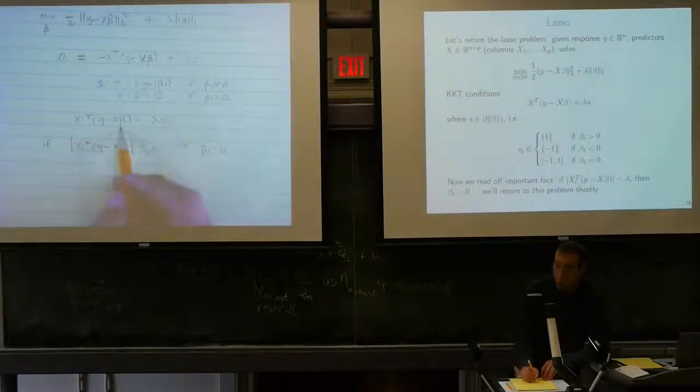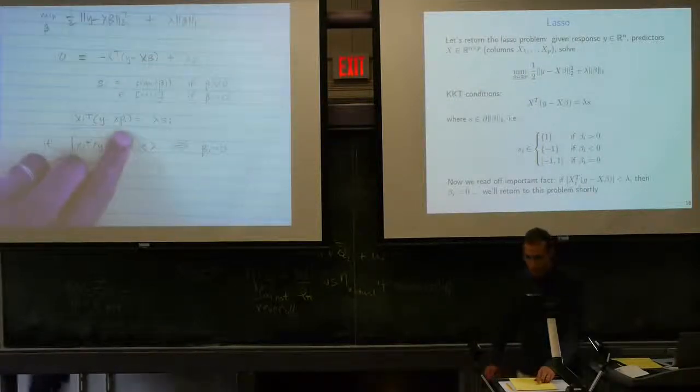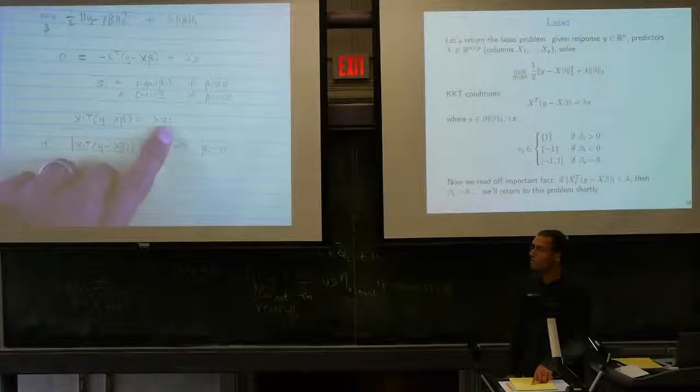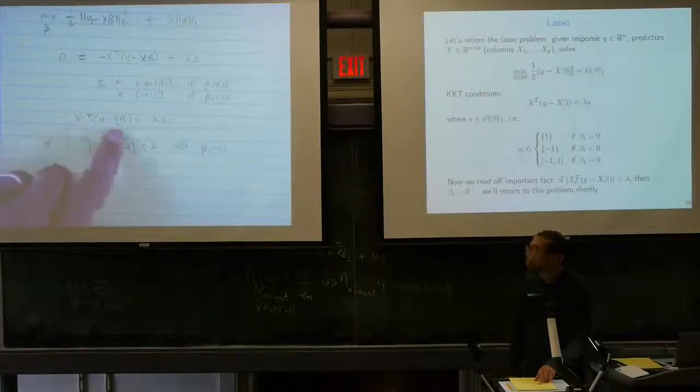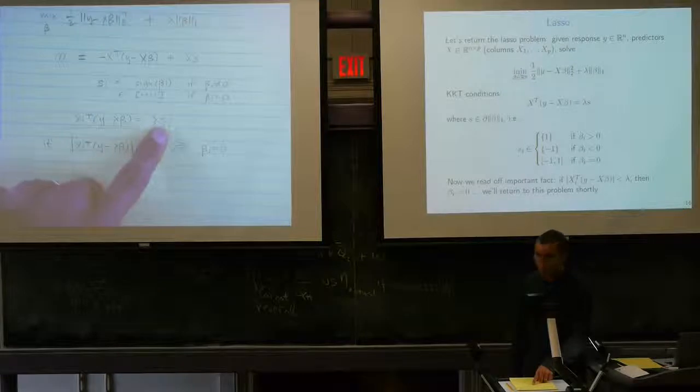Yeah, right. If beta i was not 0, then look, this is a characterization of the solution. This tells us the exact property of the solution: if beta i is not 0, then Si is equal to plus or minus 1. So we have to have xi transpose y minus x beta equal to either lambda or minus lambda. It can't ever be strictly less than lambda. It can only be strictly less than lambda if we took the subgradient to be strictly between minus 1 and 1.